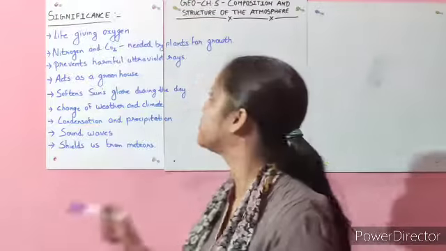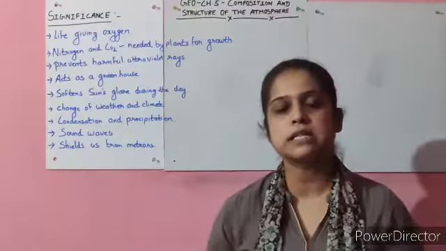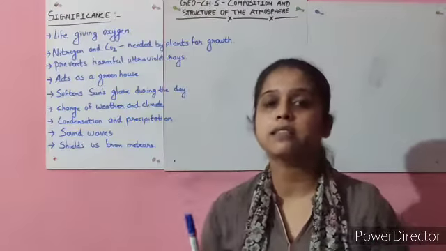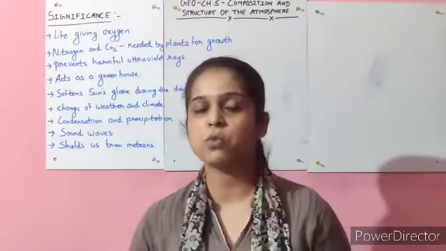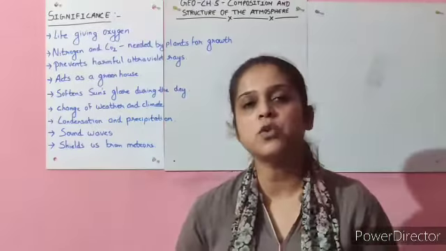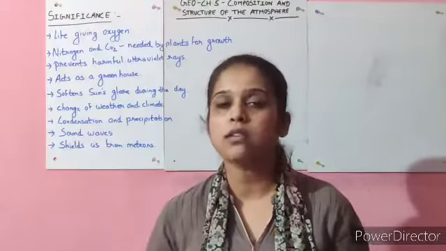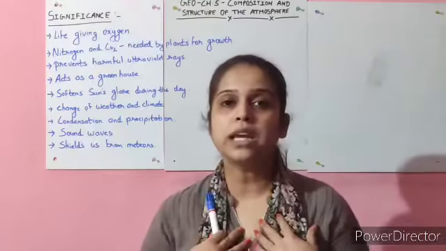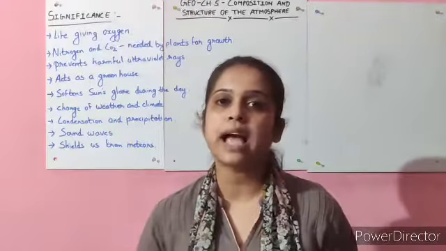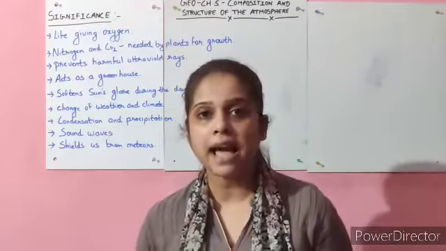Clear? Okay. So first of all, the first and foremost important thing is that atmosphere has a very important gas, which is life-giving oxygen. In its composition, we have already studied that there is life-giving oxygen due to which we, the plants, the animals, all living things can breathe.